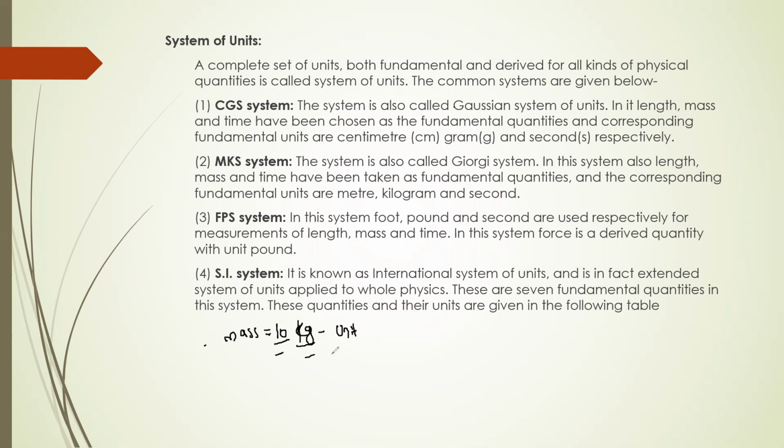So such a physical quantity always consists of two parts: a numerical number and a unit. Okay. If you specify the unit, then it is understood that it is a mass measurement. Suppose you go to the shop and say only 10 of sugar, what is this 10 of sugar? It could be 10 kg, 10 gram, 10 quintal, right?